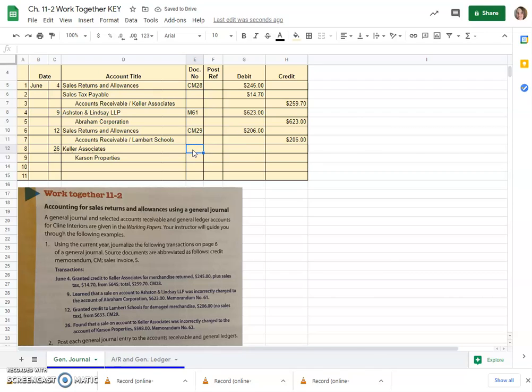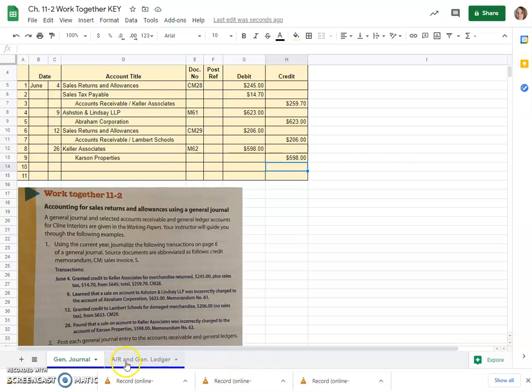And this is Memorandum 62, it says, and the amount was $598. Okay, so I believe we have all of them journalized now. Took 5 minutes. And now we have to post them to the accounts receivable and general ledgers. Hopefully I can get that done in 10. If not, we'll just stop wherever I stop.